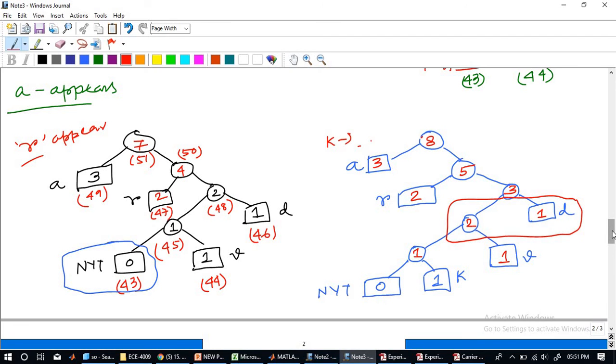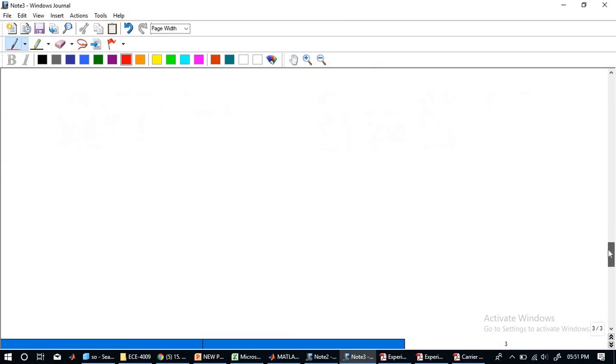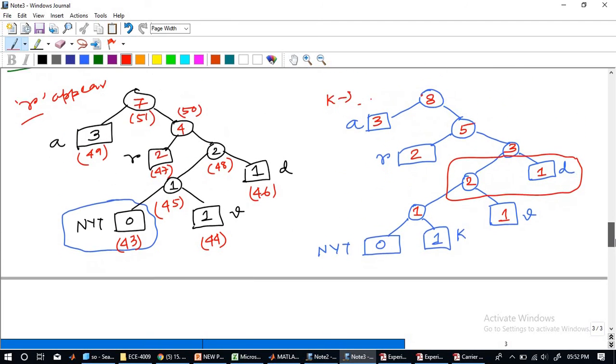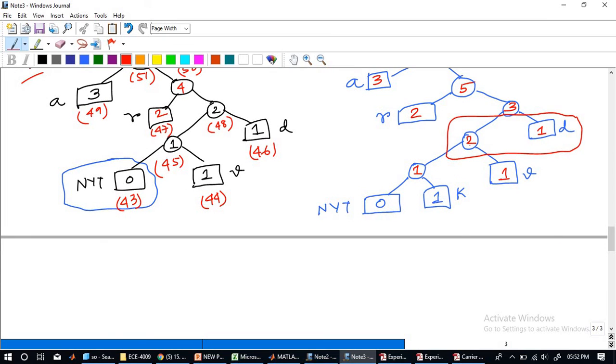So if I redraw the model, NYT 0, K. Is K the last bit? Okay. So K, then we have, which one to swap? So after this we have V. D will come this side and 2 will come this side. So 2 will have V.